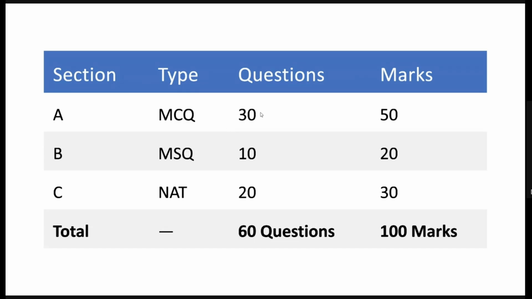It will have 30 questions, and in section A there will be 50 marks. For section B, you will have MSQ questions, which have more than 1 correct option, and there will be 10 questions, and you will get 20 marks there. And for section C, you have NAT type of questions, which you have to calculate from scratch. You will not have any options for those questions.